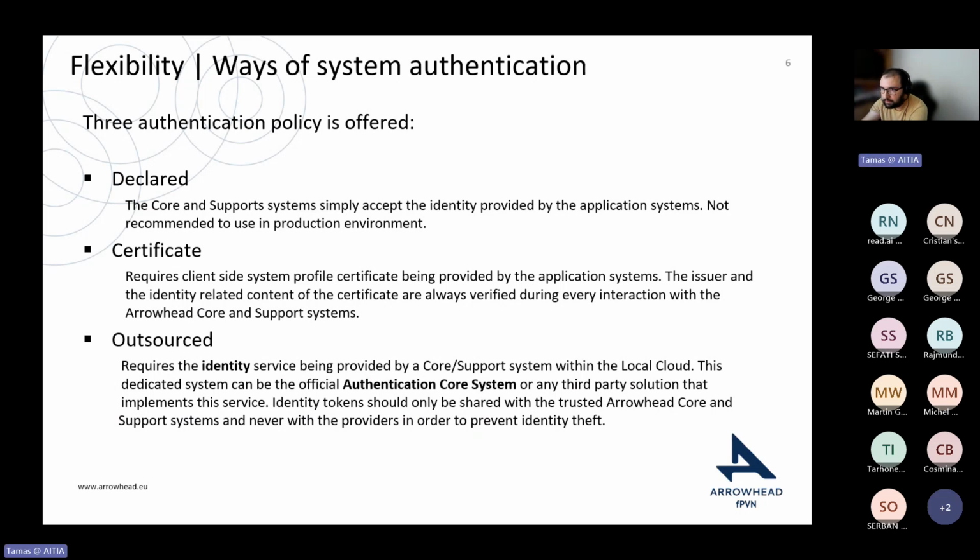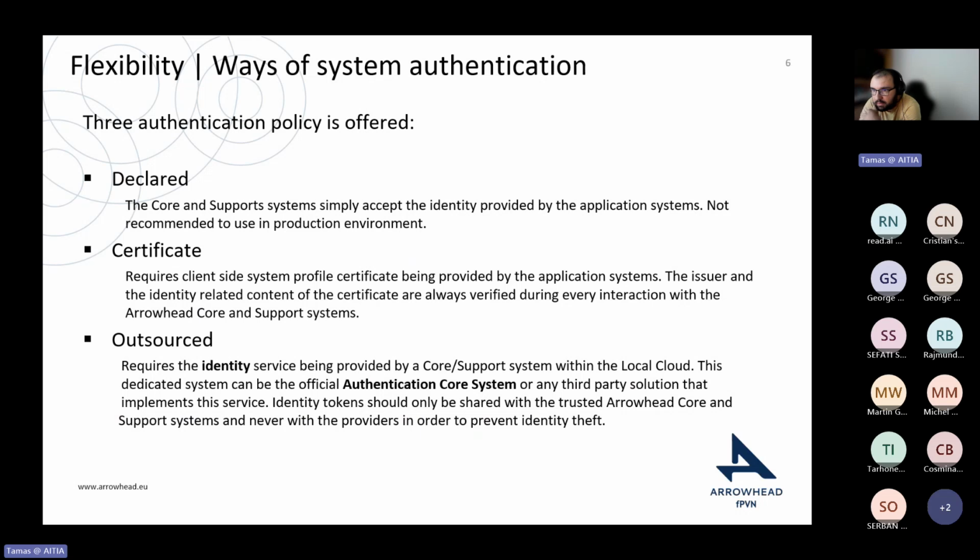In version 5, three authentication policies will be offered. As I mentioned, in version 4, all the authentication relied on the Arrowhead certificates, the X.509 certificates. But in the coming version, we will expand the possibilities, and three authentication policies will be offered.